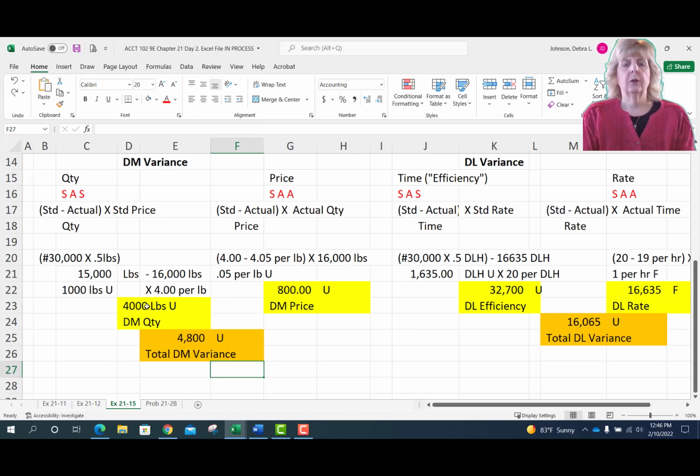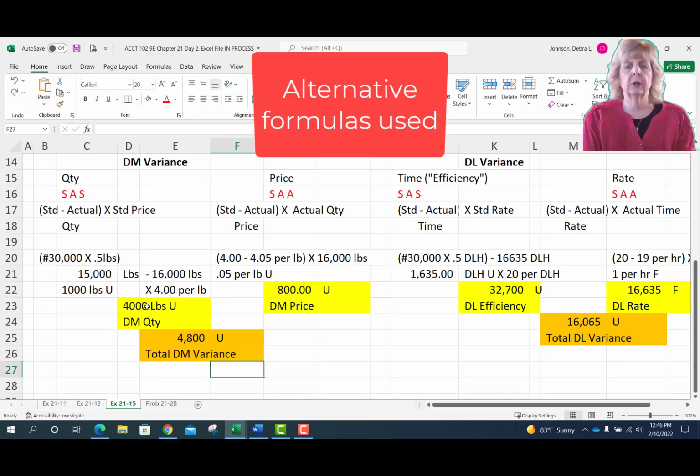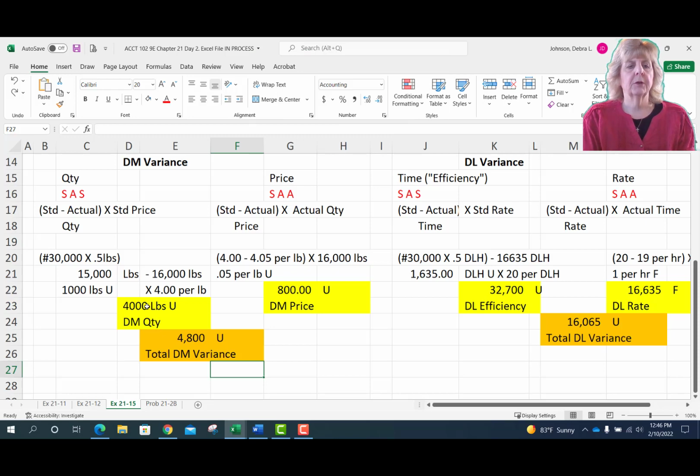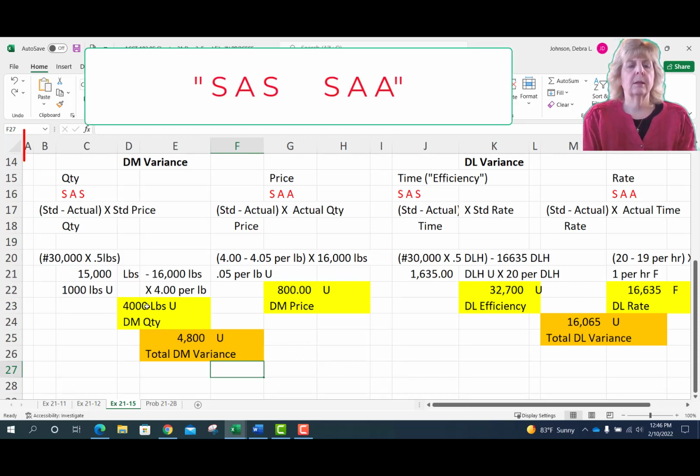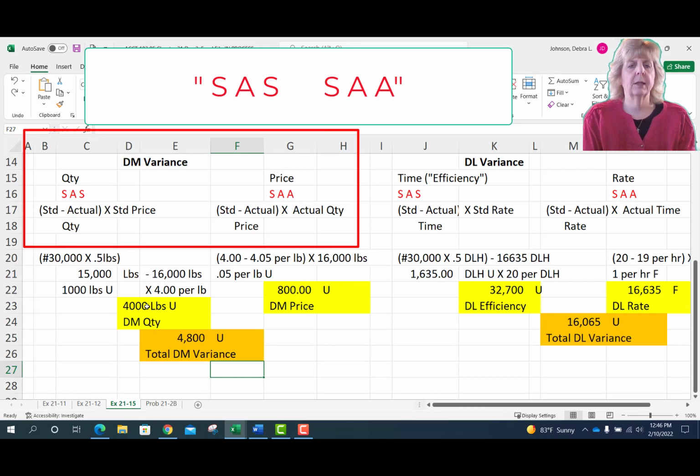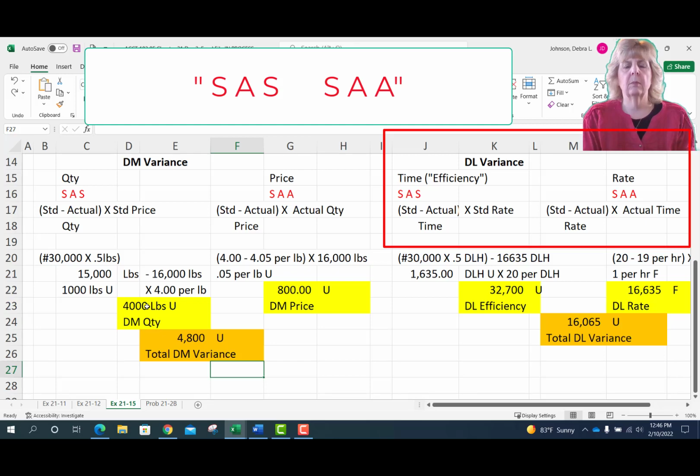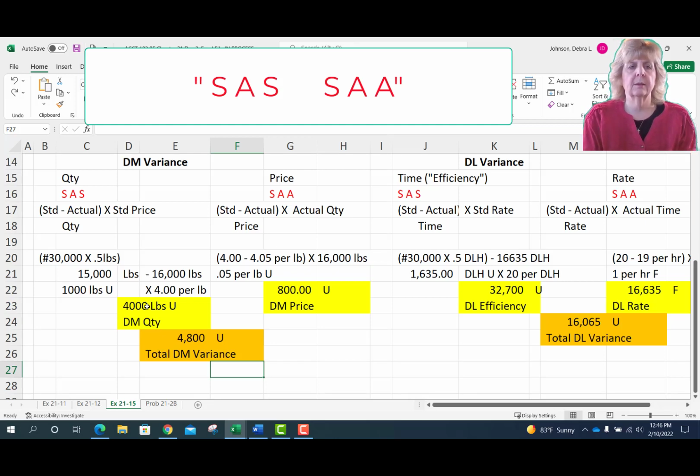On the screen, you'll see a suggested solution, once again using an alternative set of formulas that I believe are easier to understand. The direct materials variance is split up into quantity and price, and likewise, the same concept on direct labor is set up as the time and the rate variance.